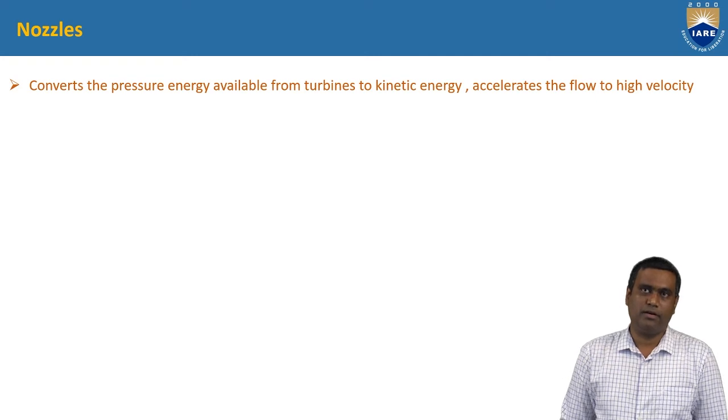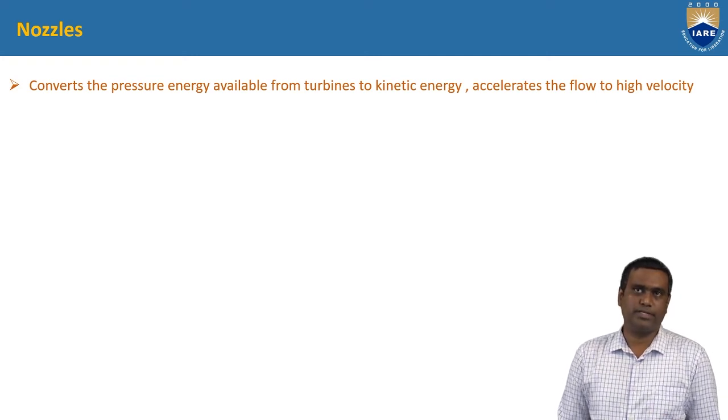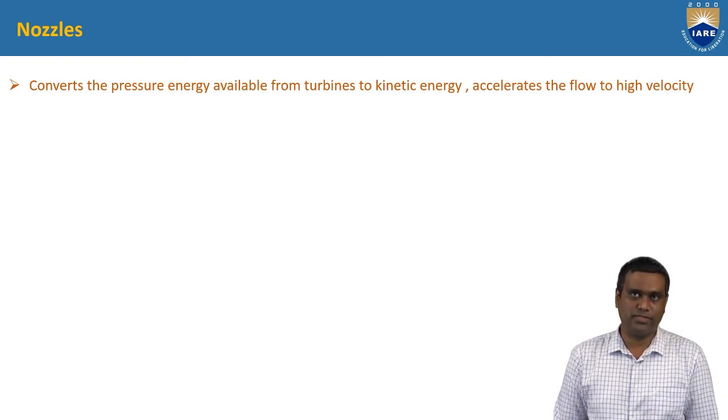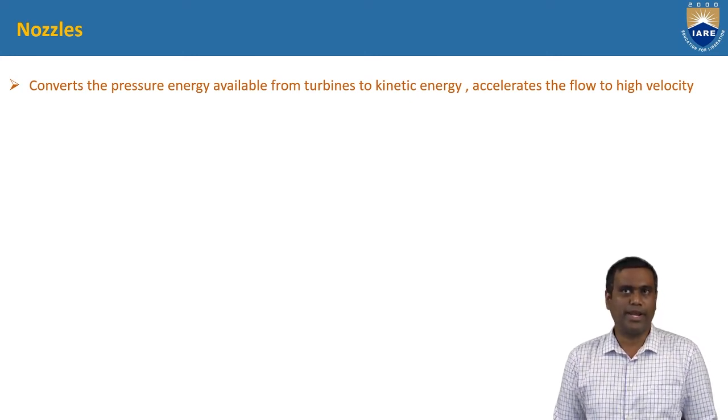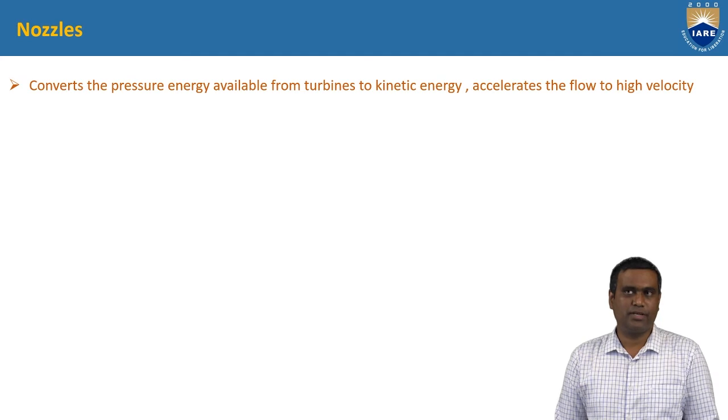And the last major component of a gas turbine engine is the nozzle. Nozzles convert the pressure energy available from the turbine exhaust into kinetic energy, which means nozzles accelerate the exhaust gases.